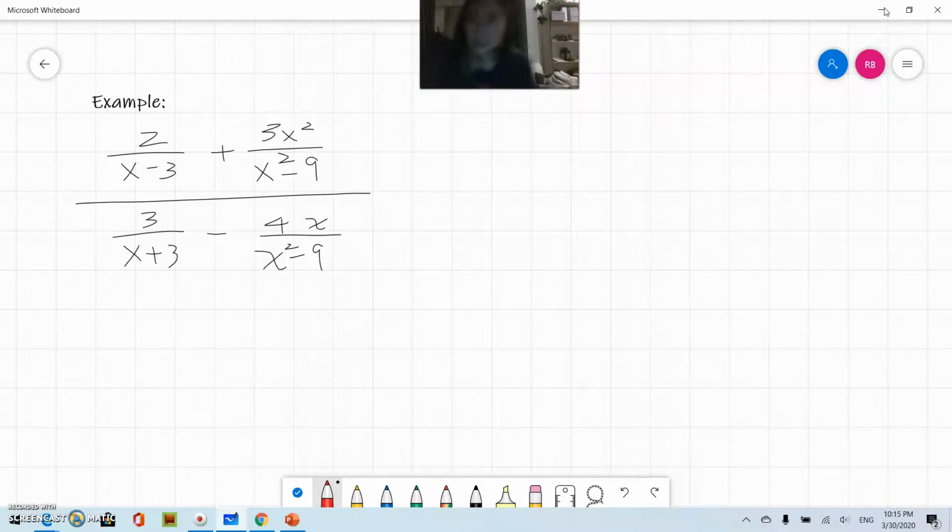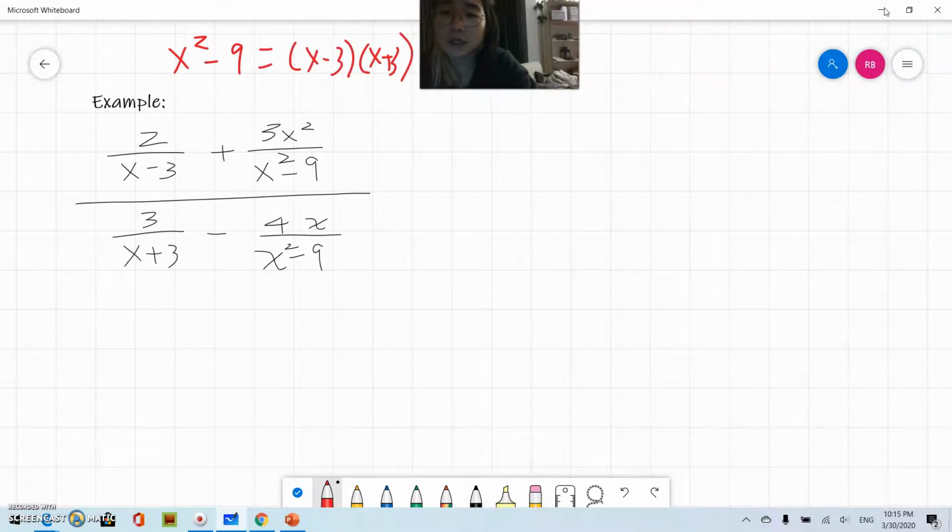One thing, this question might be impossible to do if you don't remember that x squared minus 9 can be factored, okay? x squared minus 9 can be factored into x minus 3 times x plus 3. This is something that you always have to remember of the factoring technique. So again, I'm using method 1.